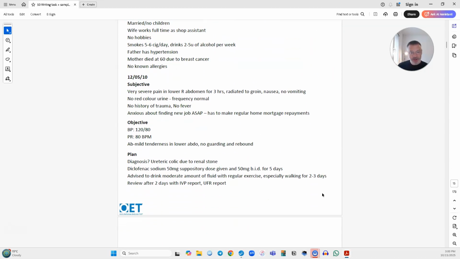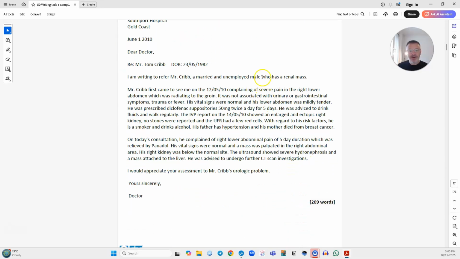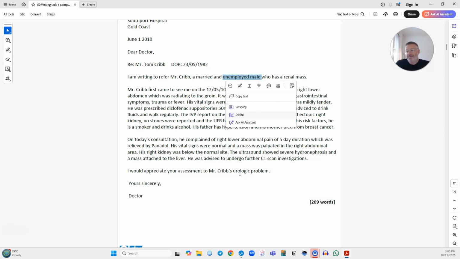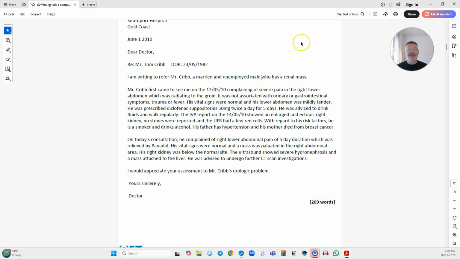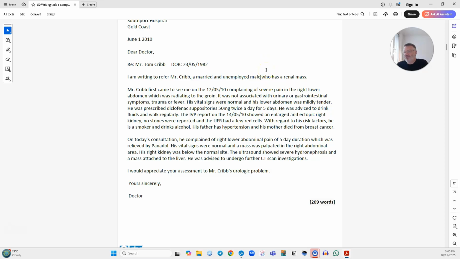What else have we got here? Tom Cribb. Let's have a look at this sample here. Married, well, he's unemployed. We've all been unemployed at some point, but what's that got to do with the chief presenting complaint, issue, etc.? "Mr. Cribb, a married, unemployed male who has a renal mass."